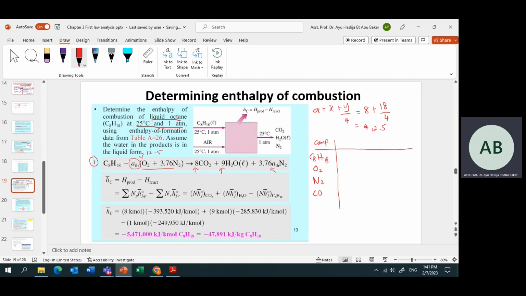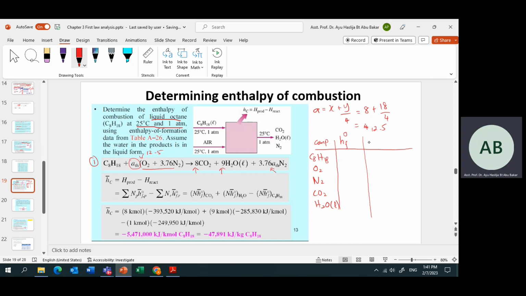Products would be CO2, H2O and N2. Then find out what is the HF of each component. This one from table A26.